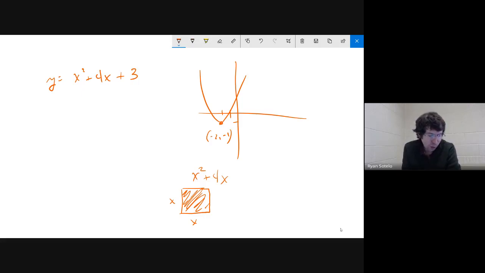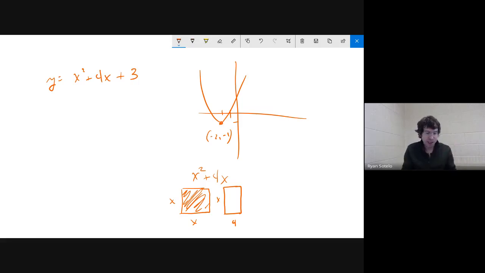But assuming that 4 isn't the same as x, let's imagine that 4 is smaller than x. Well, then this could be a rectangle, where base times height is a number times x. So this rectangle has, let's say, a height of x, but a base of 4.